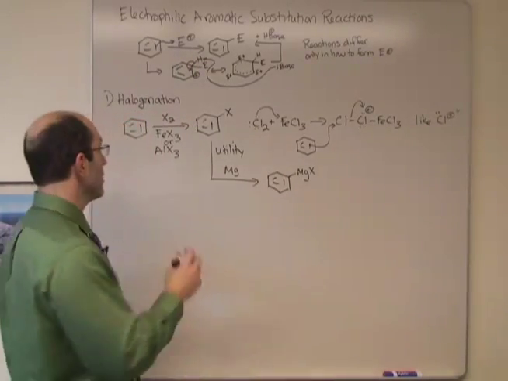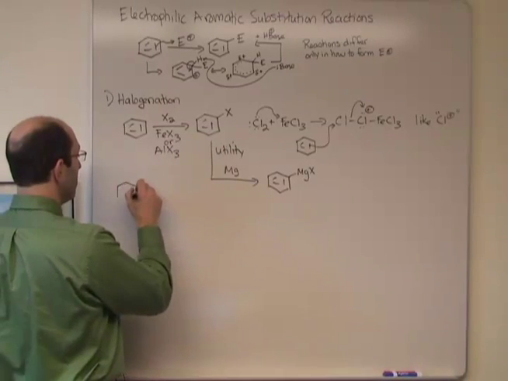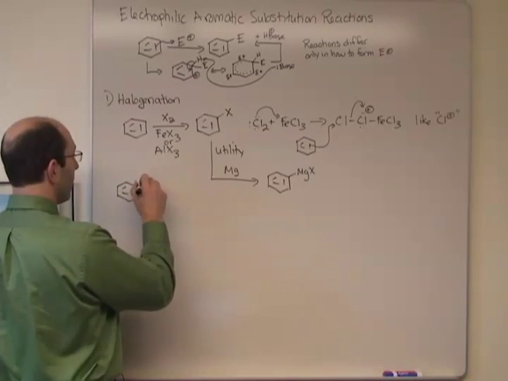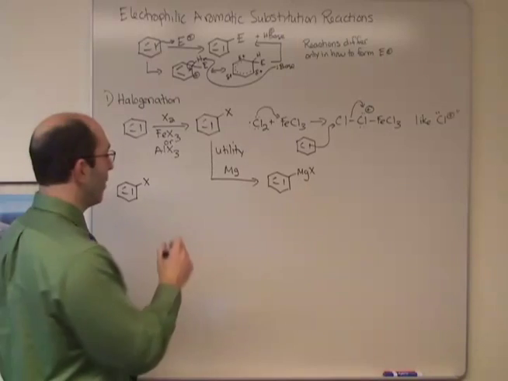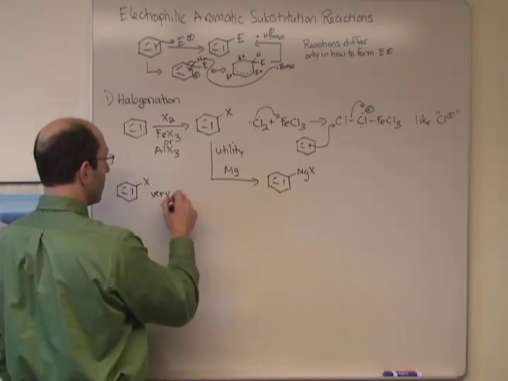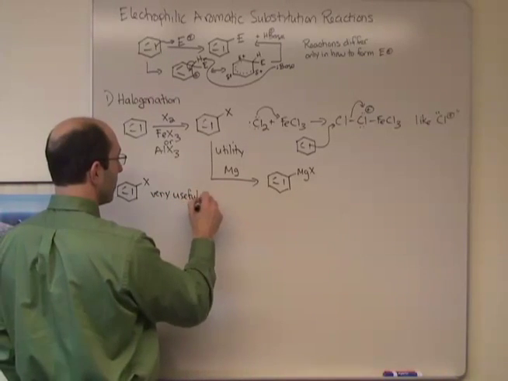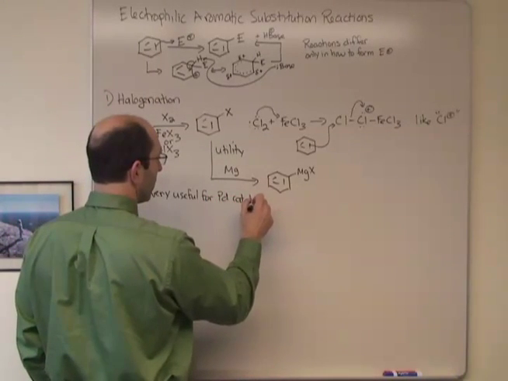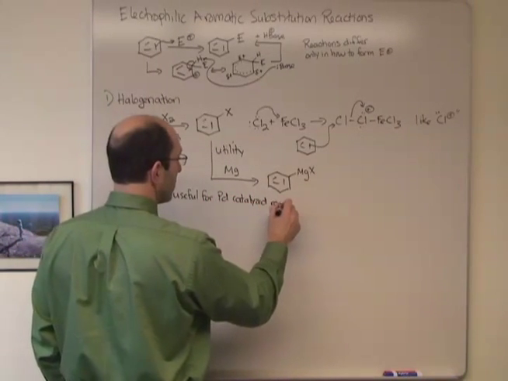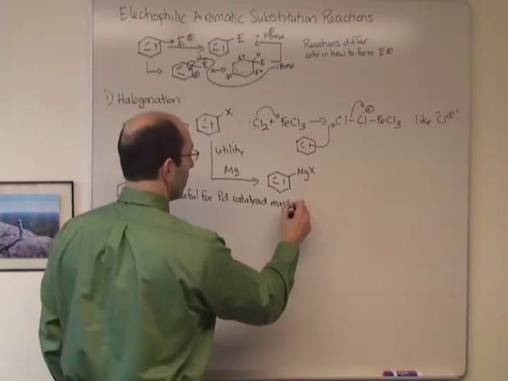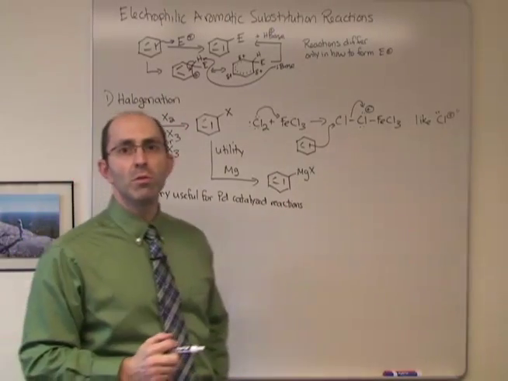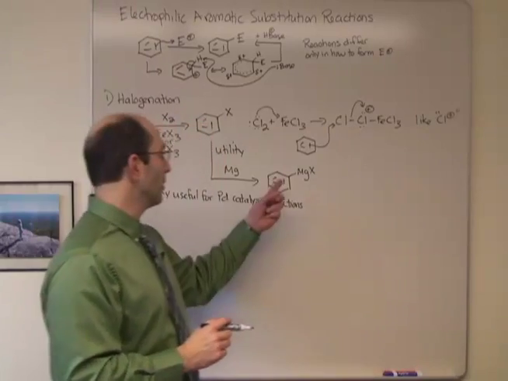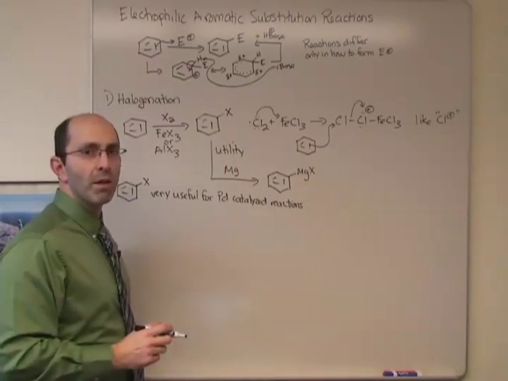The other thing we'll see in the next unit is that these sorts of reagents are very useful for palladium catalyzed reactions. All right, so these are the 2 main uses we'll have for these reagents. Make them into a Grignard or use them in palladium catalyzed reactions.